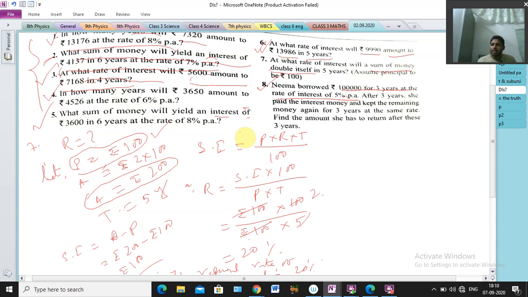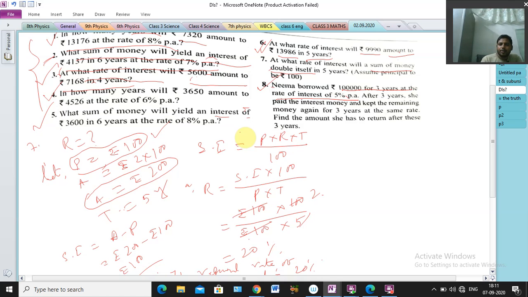That means we find SI first. Not the full amount, only the interest part she paid, and kept the remaining money, meaning the principal is the same, again for 3 years at 5%. So after 3 years, how much does she pay as the amount?